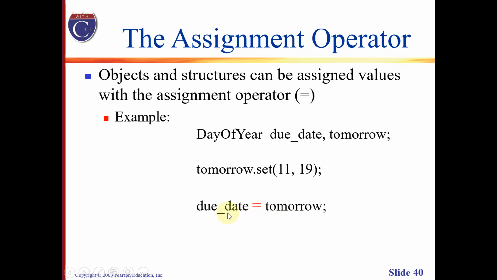Then, what we did here is to simply assign the object to another object, which means whatever is the content of this object will also be stored in the member variables of this object.